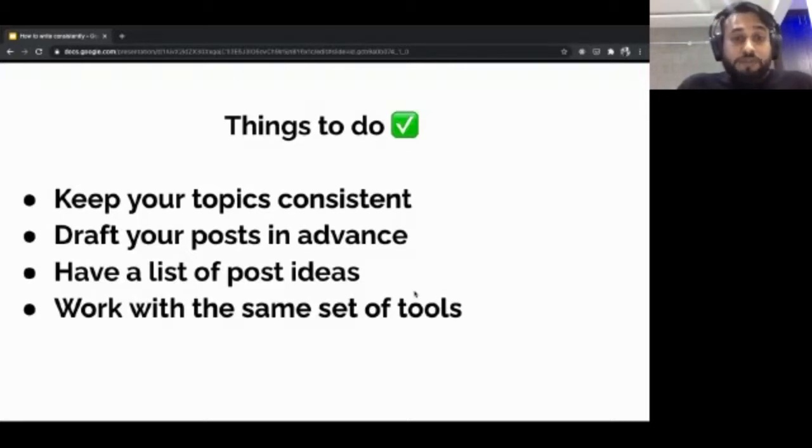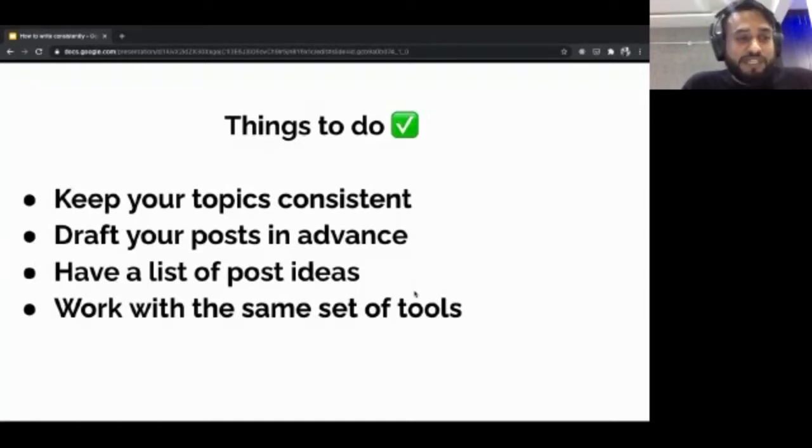Another thing I like to do when I'm writing blog posts and maintaining a blog is to draft my posts in advance. This has taken me from my day one. I would say I like it.